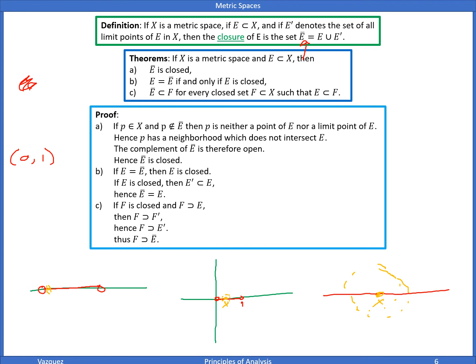Because there's still all this other space that I'm going to put in blue to account for in R2. So that neighborhood of X is not completely contained in the interval in R2. In R1 it was, because we're just dealing with the line. In R2 though, in a plane, that open interval (0, 1) is not open in R2.